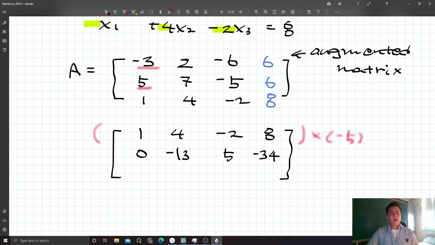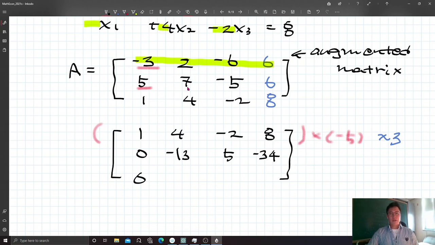Okay. Now that becomes the last row of this augmented matrix, because we began by switching the first and third row. And we need to eliminate this number 3. So multiplying the first row by 3 and adding it to this row, the first entry is going to be 0.